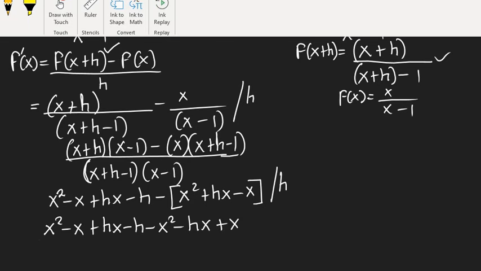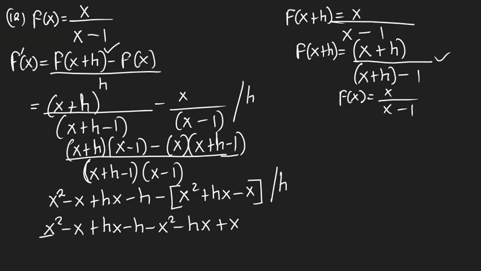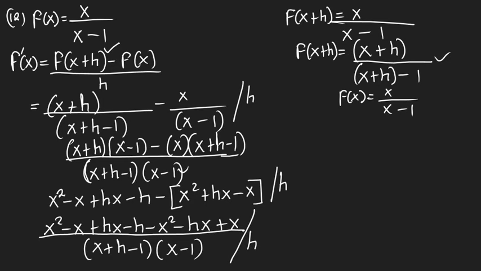Notice here I just forgot, but I'm supposed to write divide by this. Then everything all over h, right?